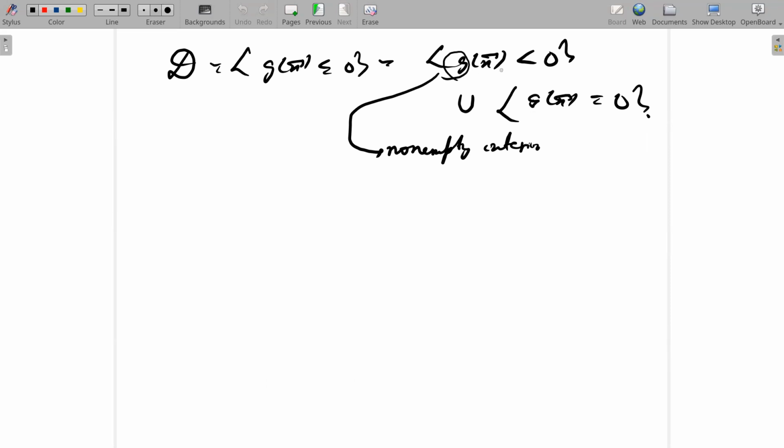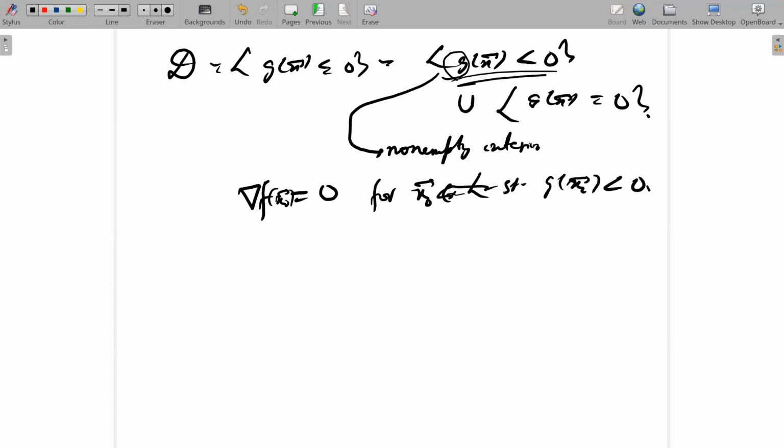Since g is continuous, the inverse image of the open interval from minus infinity to 0 is exactly this set, and that must also be an open subset of R^n. So here, once we are in this open set, we are trying to maximize f, right? Then the condition you have is grad f equals 0 for x naught such that g of x naught is strictly less than 0.